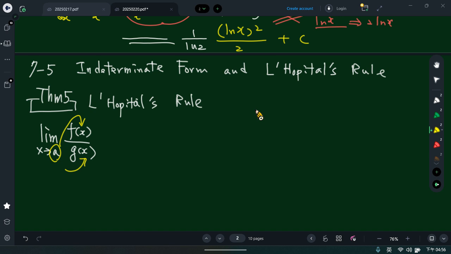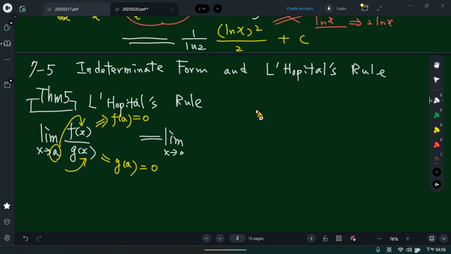So we try to evaluate f of a, then g of a, right? So in the past, if we encountered the situation that f of a is equal to 0 and g of a is equal to 0, then normally we just do this way.